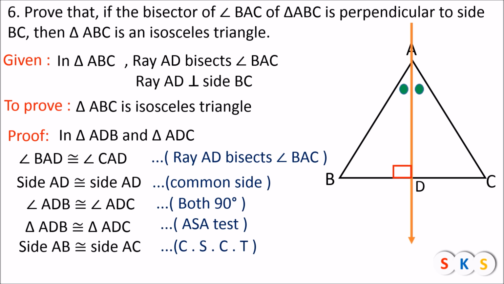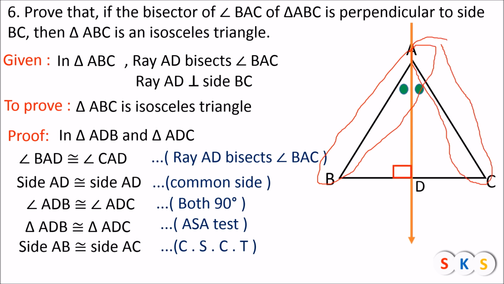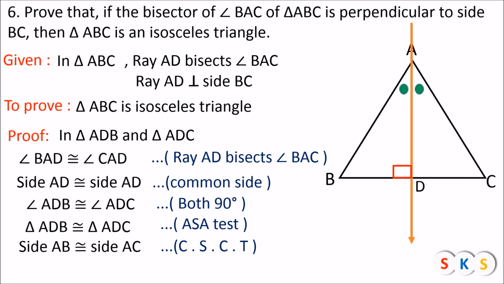So you can see that I have proved here side AB and side AC of triangle ABC are congruent. And we know that if two sides of any triangle are equal, then the triangle is an isosceles triangle. So I can say here, therefore triangle ABC is an isosceles triangle.